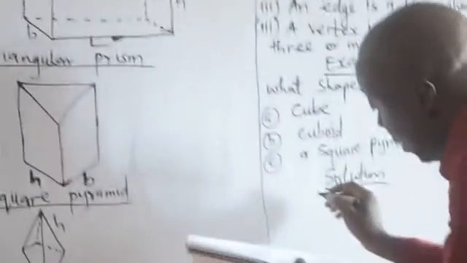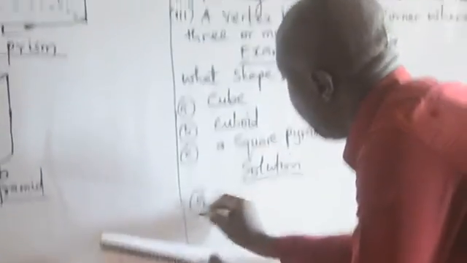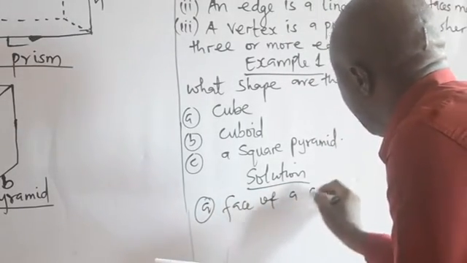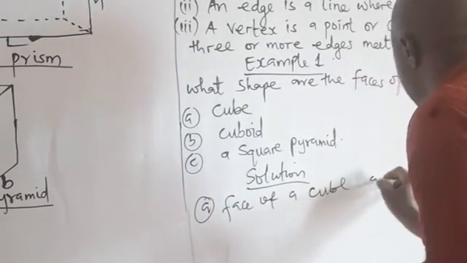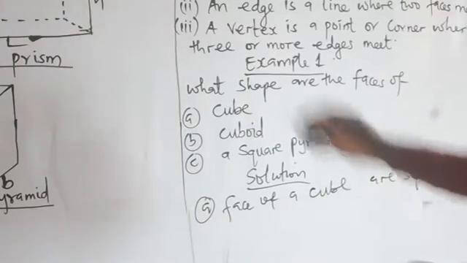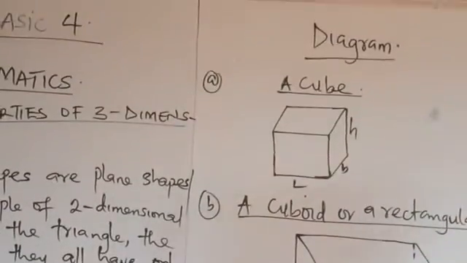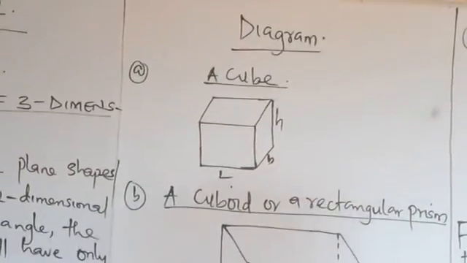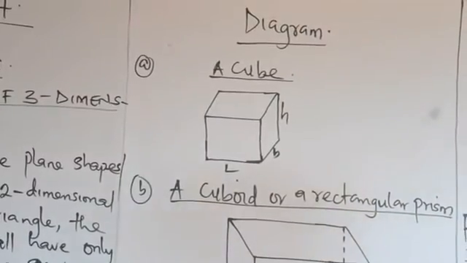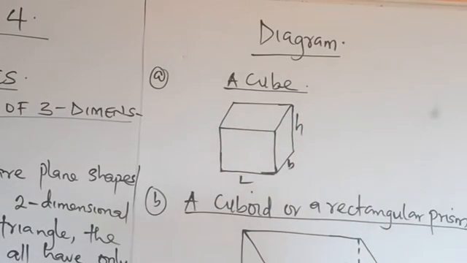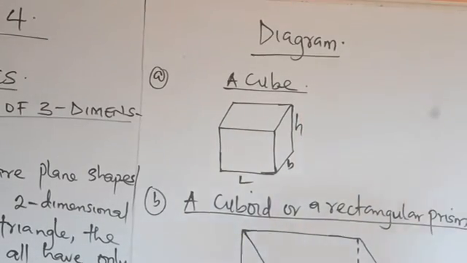Solution: the faces of a cube are square. If you look at the faces of this cube, they look like what? A square. Remember, a square has all the sides equal. So the faces of this cube are square.